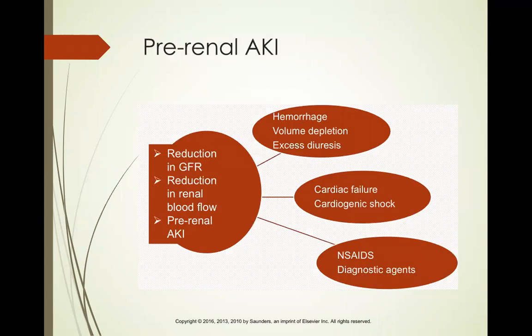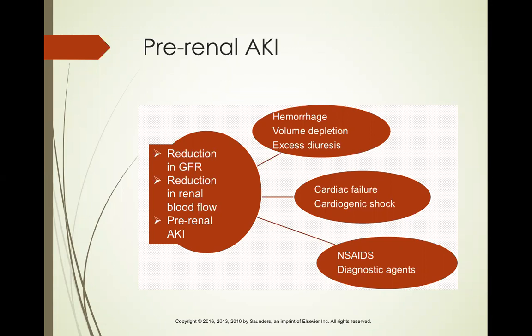Pre-renal, there's a reduction in the GFR. If you remember from lecture, when the GFR reduces, that's how we determine what stage of kidney disease you're in. The reduction in the blood flow, either due to volume or perhaps cardiac disease, leads to pre-renal AKI.